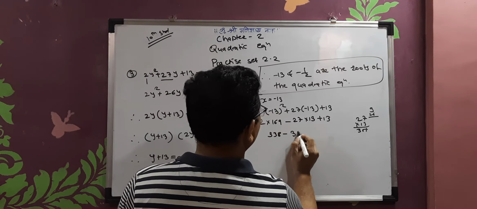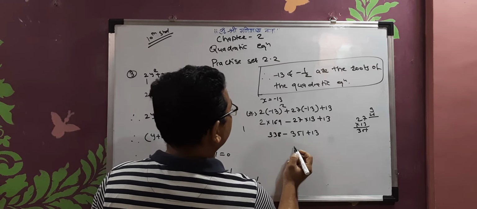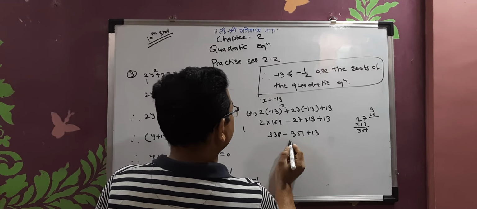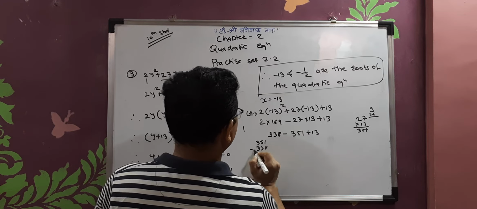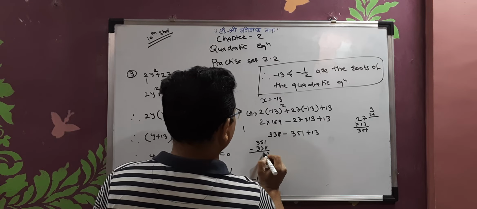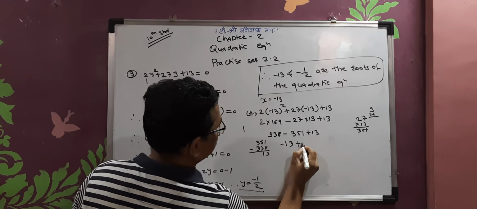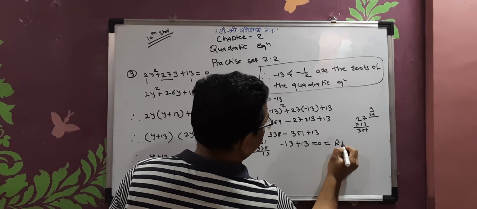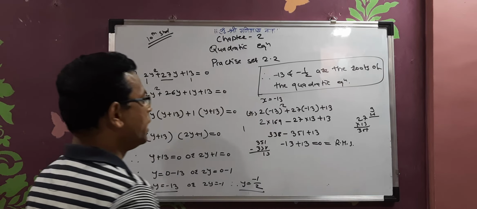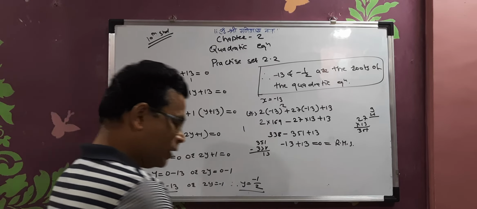So this is 338 minus 351 plus 13. So answer is coming minus 13 and plus 13 is equal to 0, which is the right hand side. So this is satisfying the equation. So the answer which I calculated is the right answer.